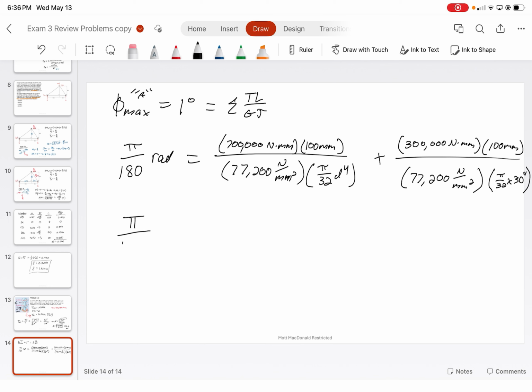All right, so we get pi over 180 radians is equal to 700,000 times 100 divided by 77,200 times, all right, then multiply that by 32 divided by pi. This is roughly going to be 9235.93 d to the fourth plus 300,000 times 100 divided by 77,200 times pi over 32 times 30 to the power 4, which is 4.89 times 10 to the negative 3.